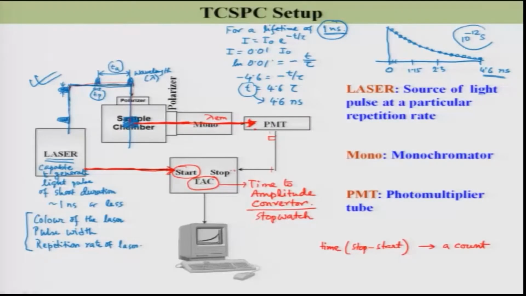In this case, what I have to ensure is that the first emitted photon is not necessarily the first detected photon by this PMT. Let me explain it in a better way. Suppose this is my decay profile as I showed here. Probably the first emitted photon is at this short time.